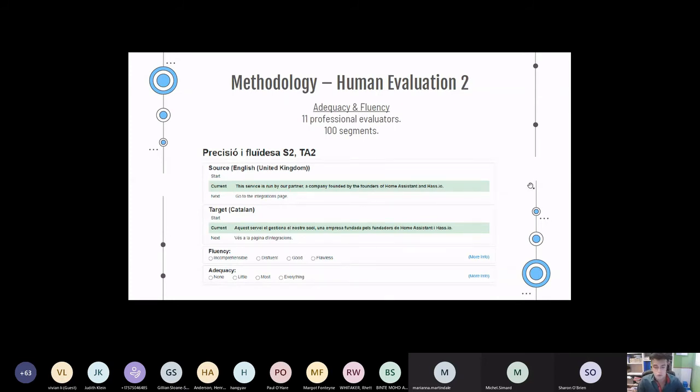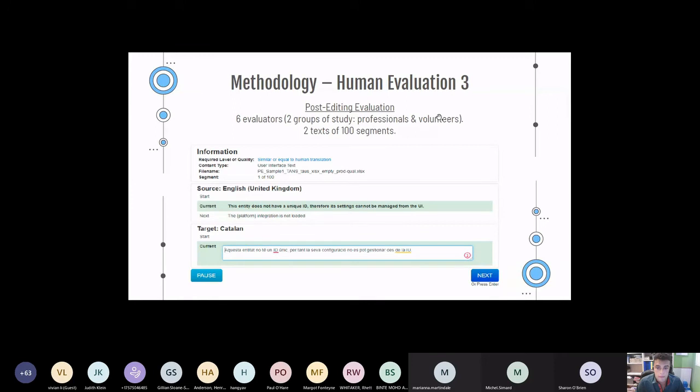After this, in order to do a more thorough evaluation, we undertook a third human evaluation that was a post-editing evaluation. In this case, we reduced the number of evaluators from 11 to 6 in order to get data that we could analyze more easily.